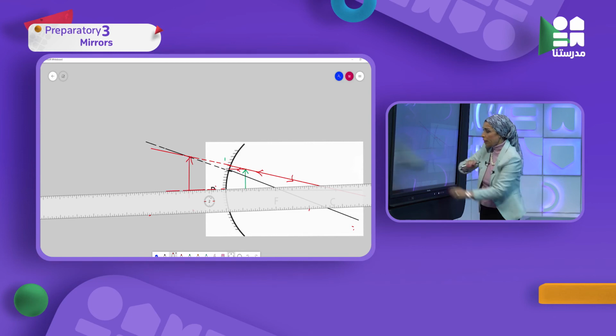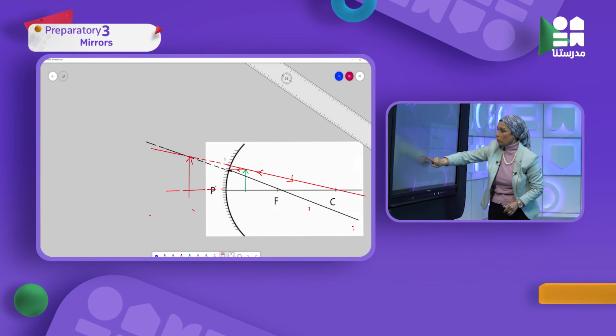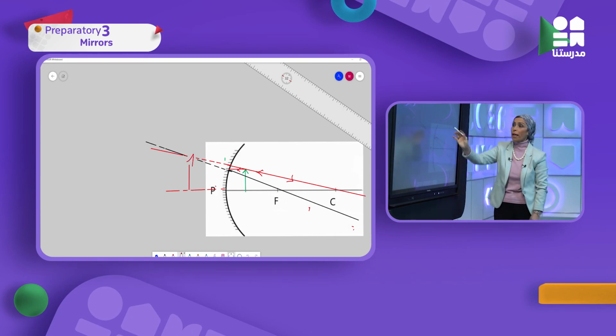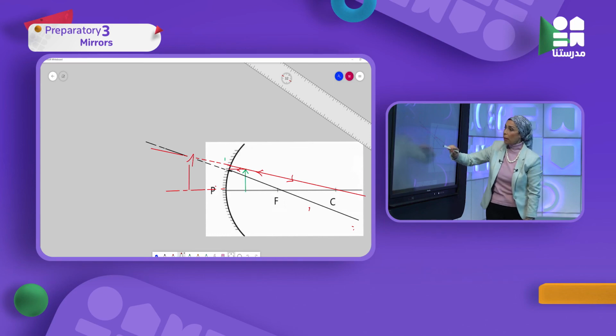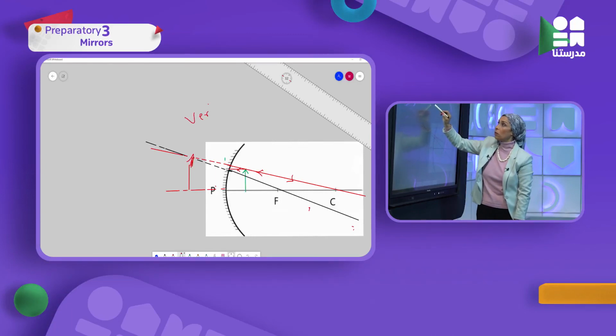Look at the image here, what is its shape? The image here is behind the mirror, and I said here the extension. Behind the mirror. And what else? Upright. And since it is upright, it is virtual. So here it's virtual.